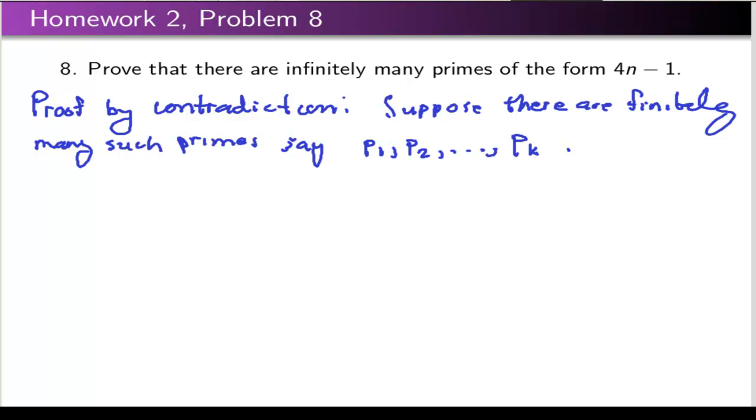Okay, so all of these primes are of the form 4n minus 1. So all the pi's are congruent to negative 1 mod 4.